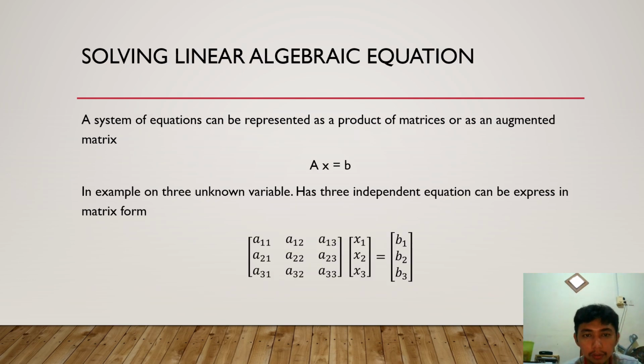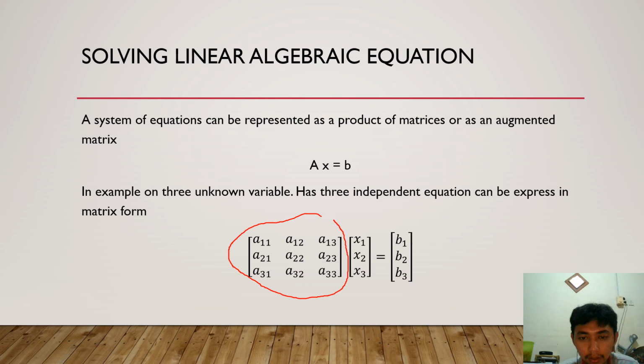Okay, for solving linear algebraic equations, we represent the system as a product of matrices, or specifically as an augmented matrix in the form Ax is equal to b. For example, with three unknown variables, or three independent variables, we can represent the matrix in this form.